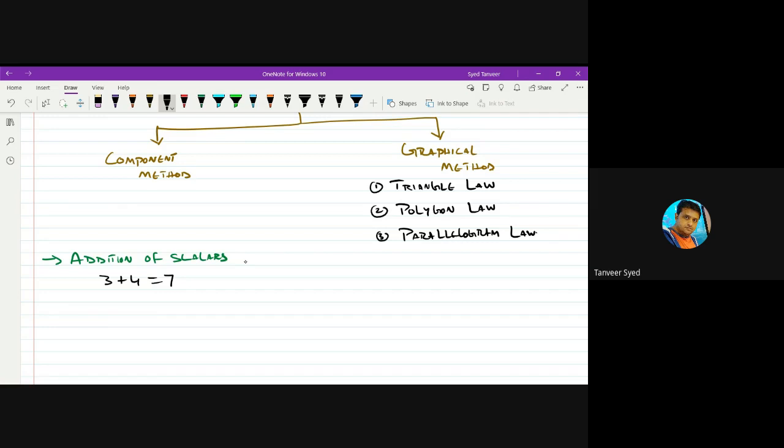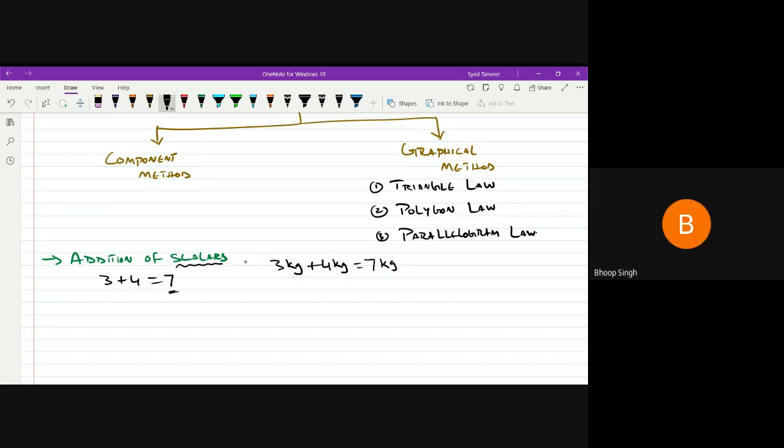Whatever quantities other than vectors you add, the result of 3 plus 4 will always be 7. You don't find any exception while handling scalar quantities. 3 kg rice plus 4 kg rice will always give you 7 kg rice.